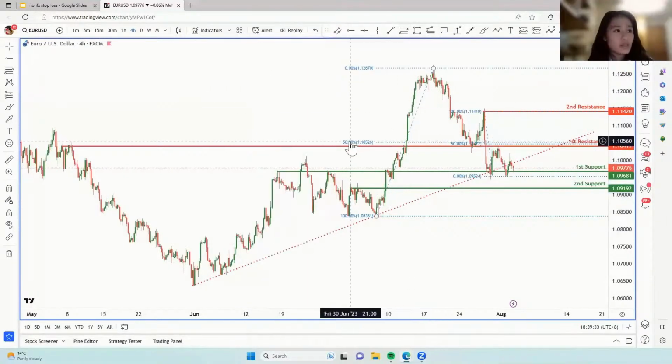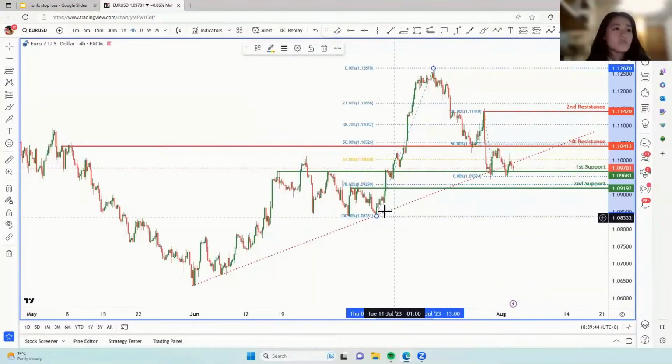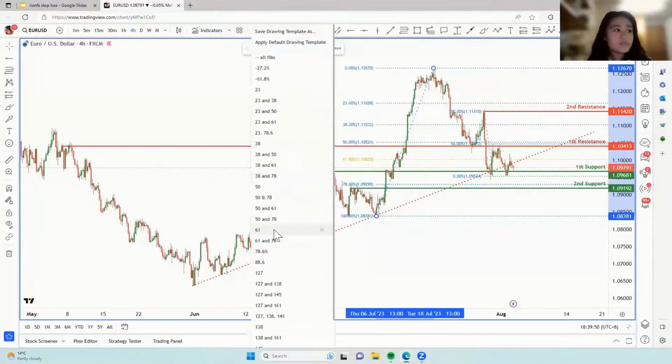So I'm gonna look at the other levels. For retracement, we use these 5 levels: 23.6, 30.2, 50%, 61.8, and 70.6. Okay, and I can see that my 78.6 lines up nicely with my second support. So I'll just keep that.